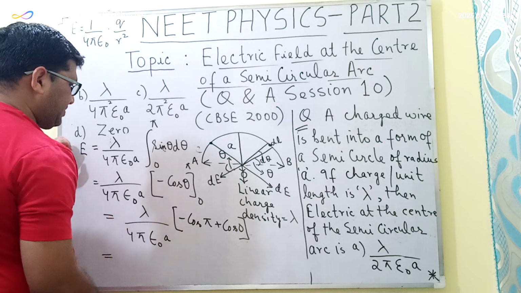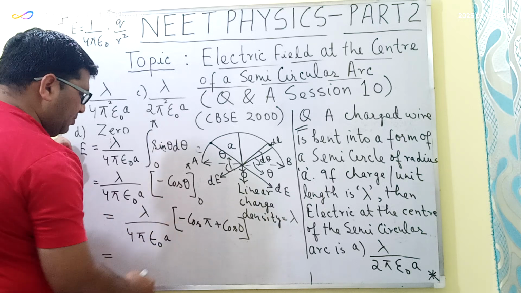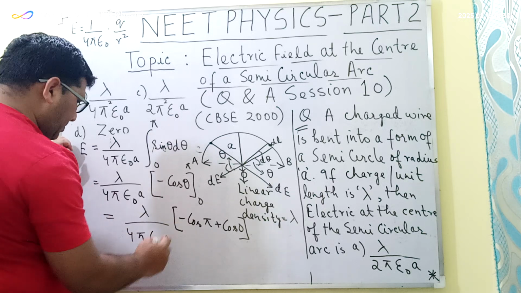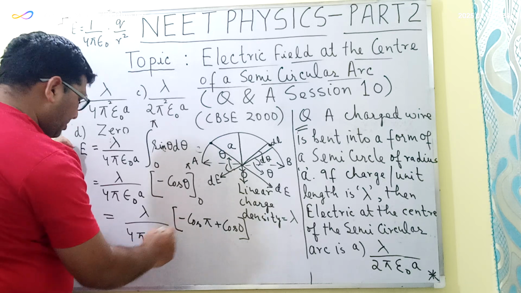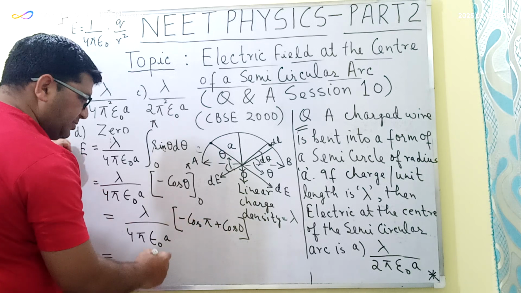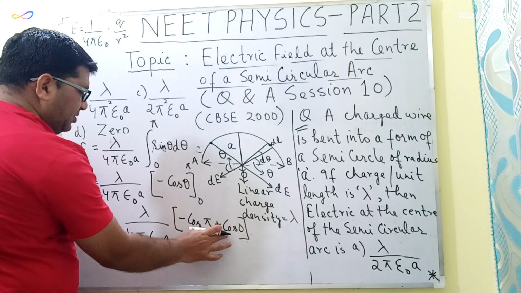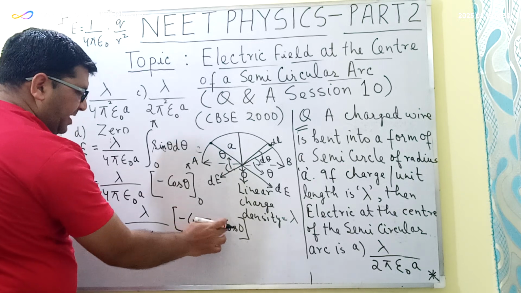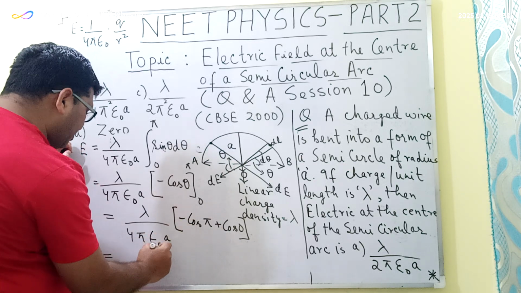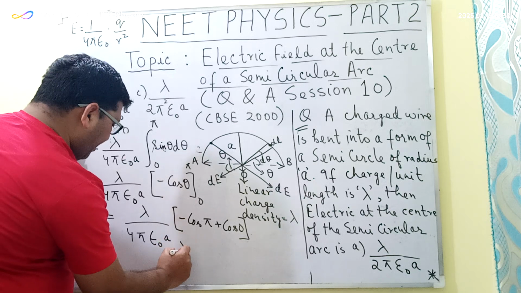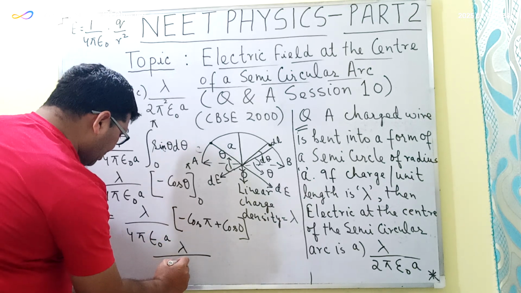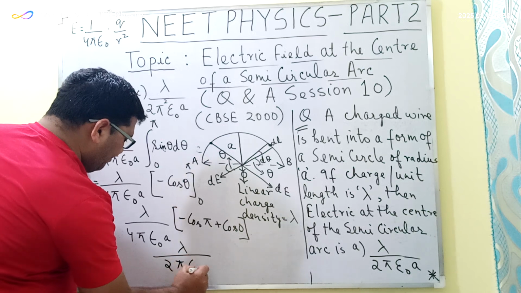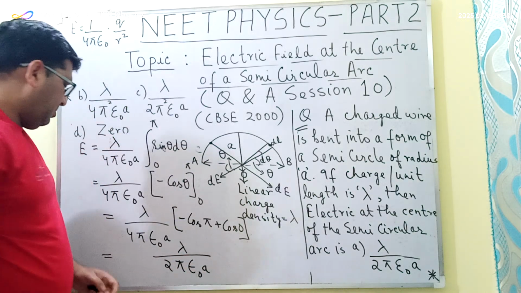Now the value of cos pi is equal to minus 1, so minus of minus 1 will be equal to 1. And this cos 0 is also equal to 1. So minus cos pi plus cos 0 will be equal to 2. So this is equal to lambda, 2 divided by 4 pi epsilon naught A, which will be equal to lambda over 2 pi epsilon naught A.